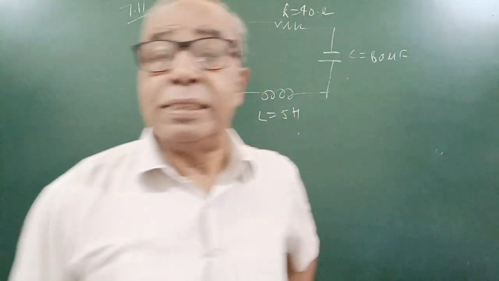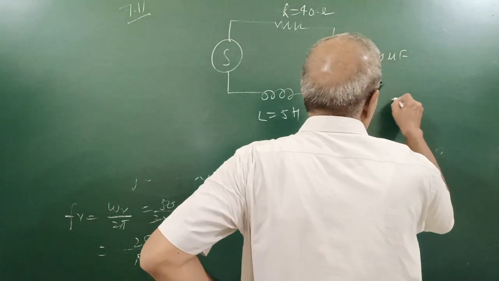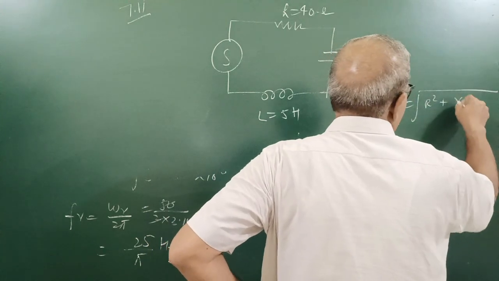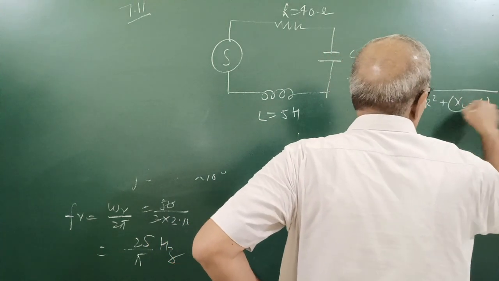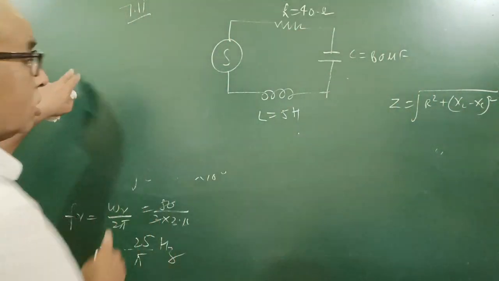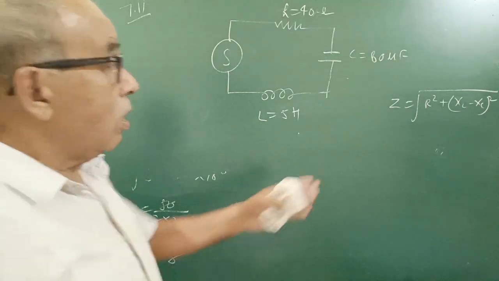obtain the impedance of the circuit. Students remember the formula, Z is equal to under root R square plus XL minus XC whole square. They first find XL and then XC, and then find they are equal.